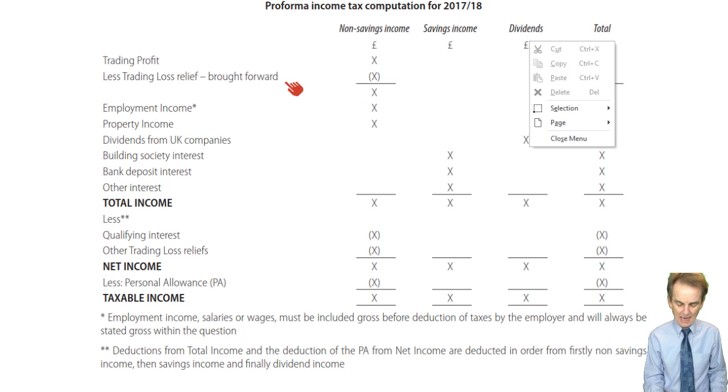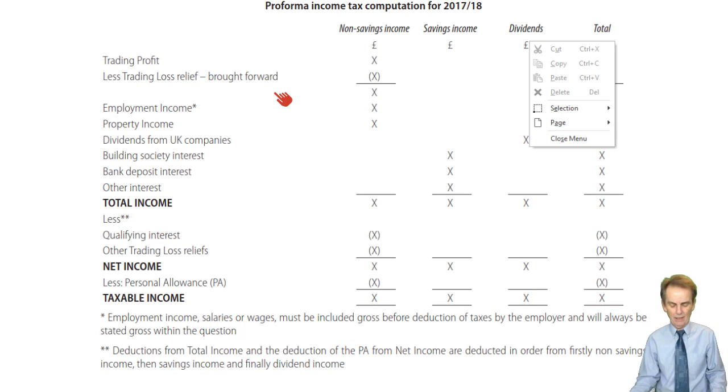And what did we see there going directly against it? If we'd had a trading loss brought forward from a previous tax year, made in an earlier accounting period, then that trading loss brought forward would now automatically go against the trading profit of this particular tax year. And further down, having calculated total income, and after firstly deducting any qualifying loan interest payments, then we would have any other trading loss reliefs.